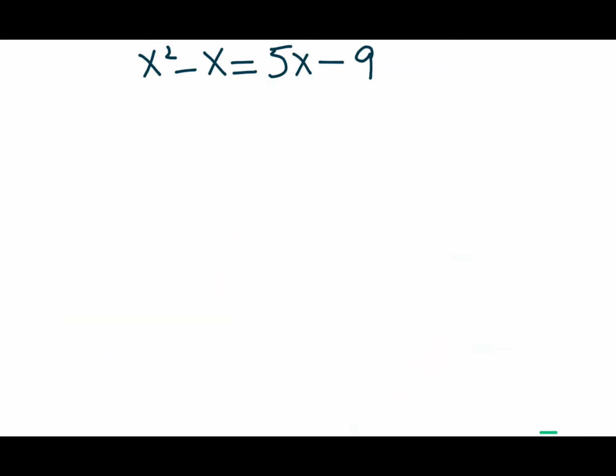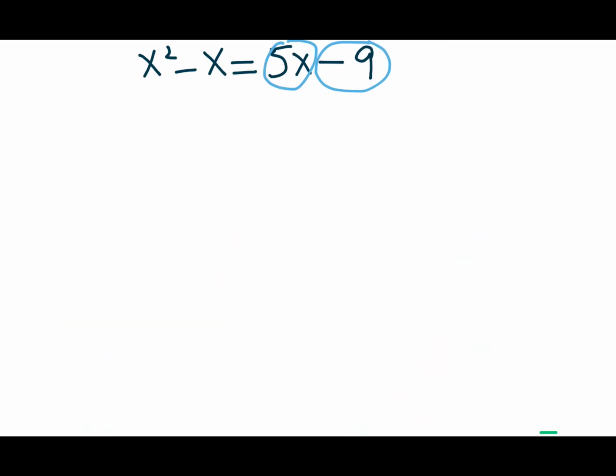And the next example is x squared minus x equals 5x minus 9. Now first we need to write this equation in standard form. That means we need to set this equation equal to 0. For that purpose, we need to remove 5x and minus 9 from the right side of the equation.